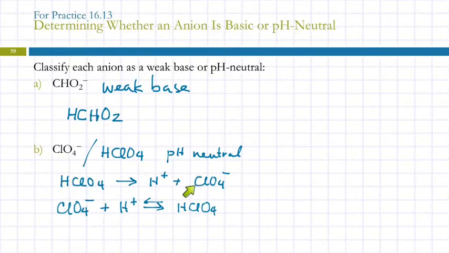It will not accept a proton. So the conjugate base from a strong acid, or the conjugate acid from a strong base, will be pH neutral because they react completely.